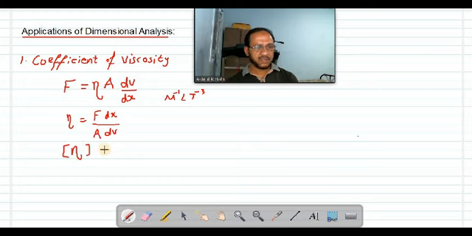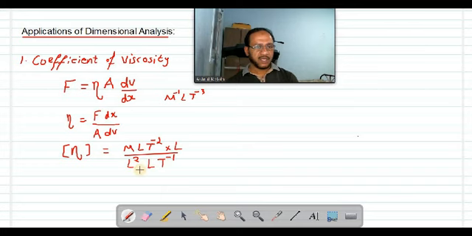Force we already know, it is MLT raised to minus 2, into dx, which is a distance, so L again, divided by area, L square, length into breadth, and dV is velocity, meter per second, LT raised to minus 1.